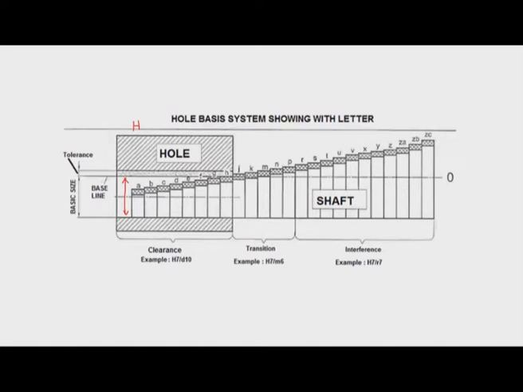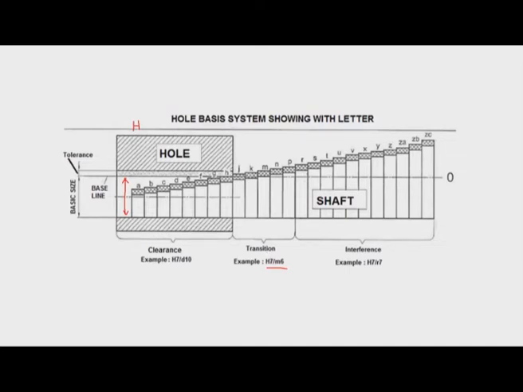So this is H7 and then D10, this will give us the clearance fit, and then for the other combinations like H7 with J, K, M, N, P, up to this we can have the transition fit. One example is given here, H7 M6. So this will provide us the transition fit.